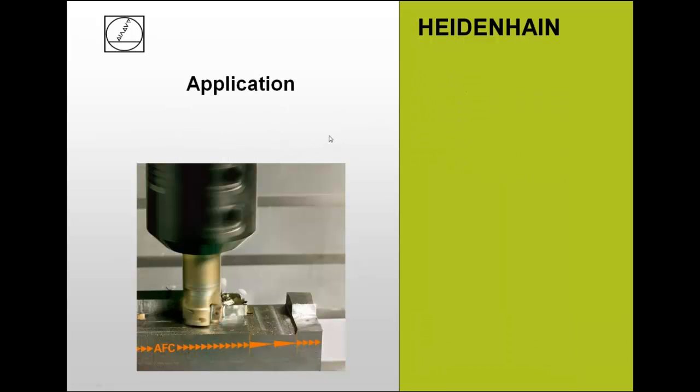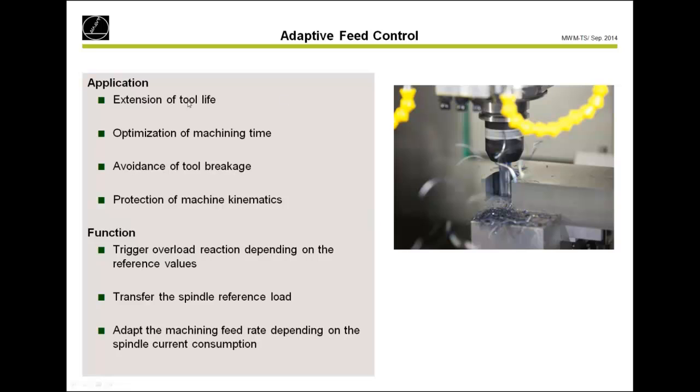So, starting with the application of AFC. What can we do with AFC? The first is that we can bring the tool to a longer life, because with AFC we can detect that the tool will get a bad cutting situation, and so we can reduce the feed rate not to get too much pressure on the tool, and so we can protect the tool from breaking.